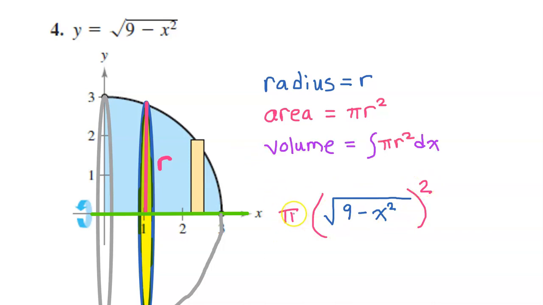The last step is to form an expression for the volume by integrating the area. So I can just take my expression for the area and integrate. In this case, the disks will be stacked up from left to right. So we are integrating with respect to x, and the limits of integration will be from 0 to 3, because the disks are stacked up from left to right, 0 to 3.